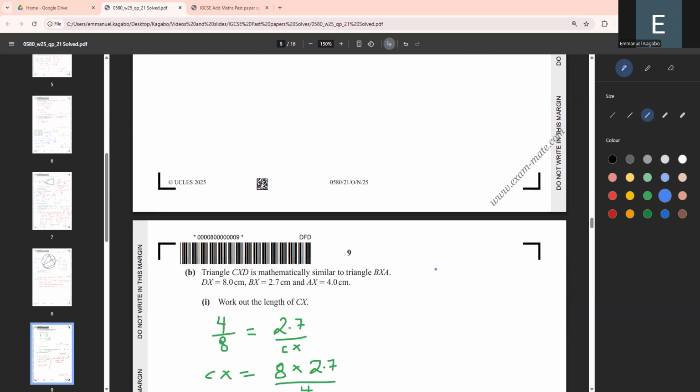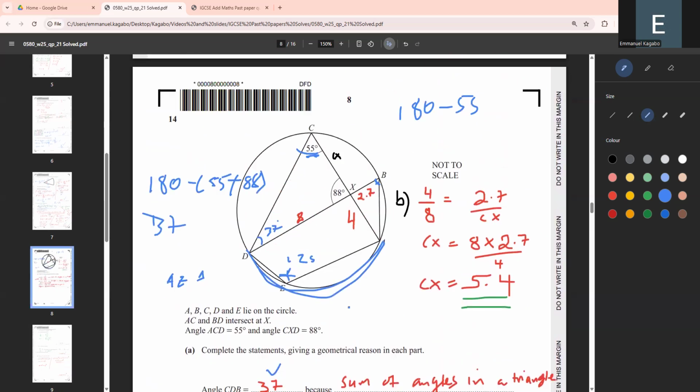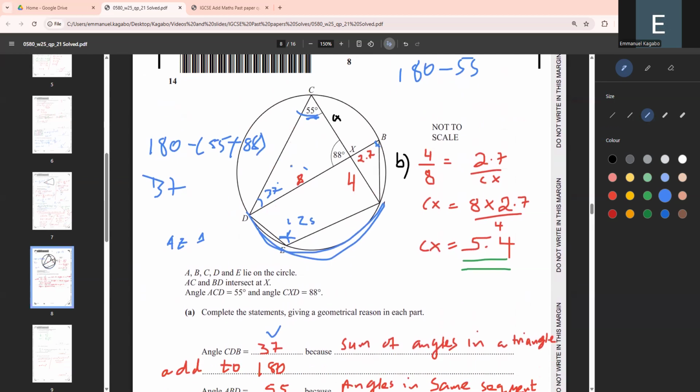Question B. I want to do it while you're seeing what I'm doing. The information was given: they gave this as 8, they gave you DX, AX, and XB, and then they're asking you CX. This is similarity, because they're forming similar triangles.